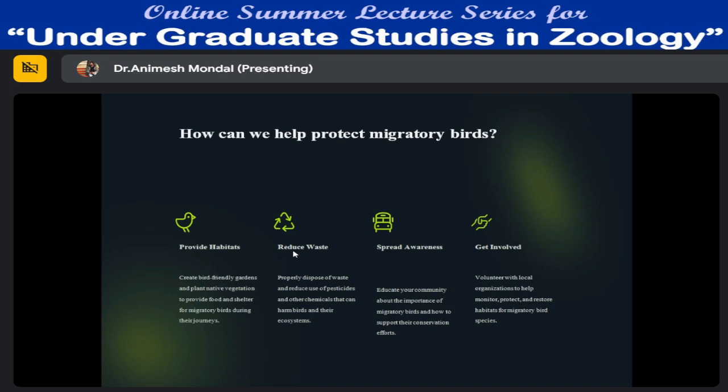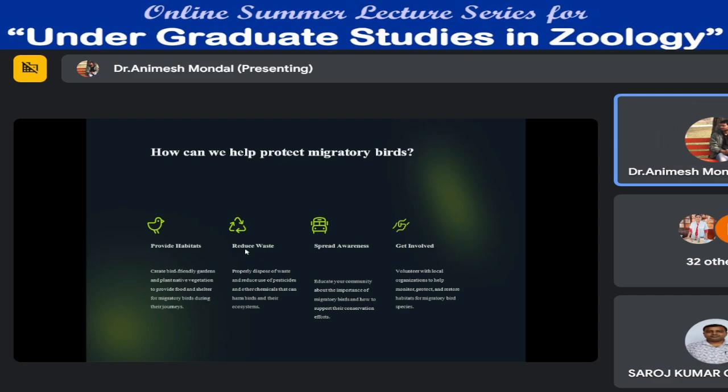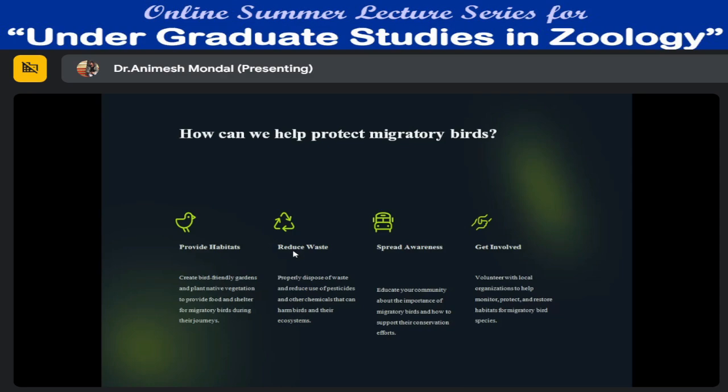We can spread awareness, and we can also involve volunteers and our local organizations, and we can also monitor, protect, and restore certain habitats for these migratory bird species. And last, I shall show you an important fact: in India about 80 Ramsar sites are found, which generally serve as protected sites for these migratory birds.